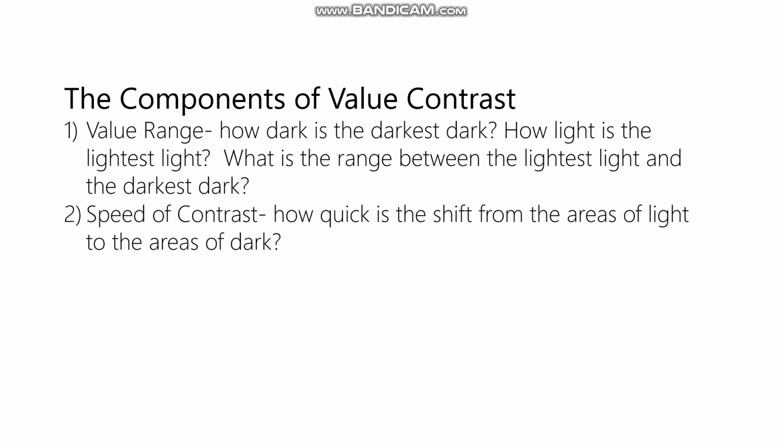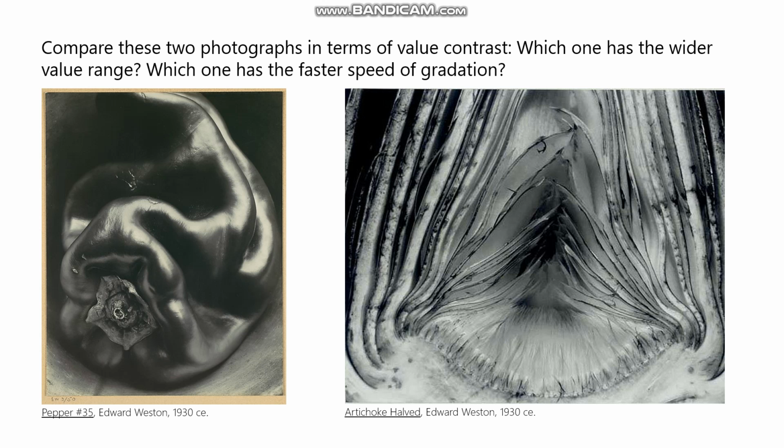But then the other part to that is the speed of contrast, which is the sense of how quickly the light shifts from the light area to the dark area. Here's a contrast between two photographic works that give you a pretty good example of those two differences. The work on the right, they're both by Weston, by the way, has a much wider range.